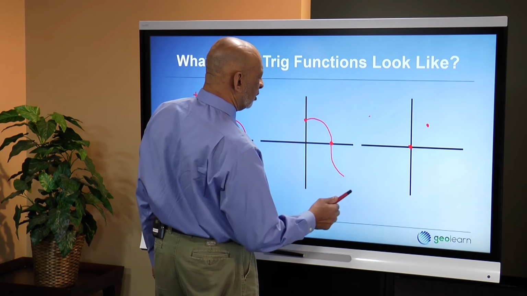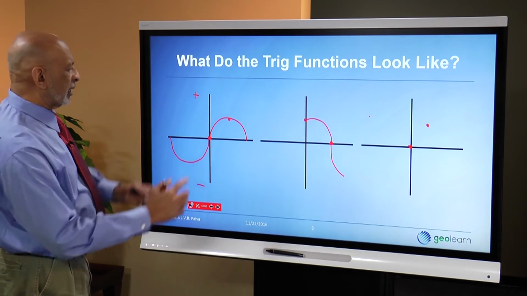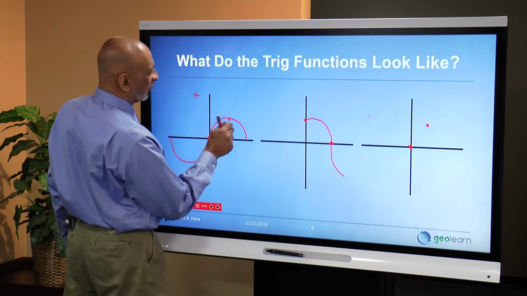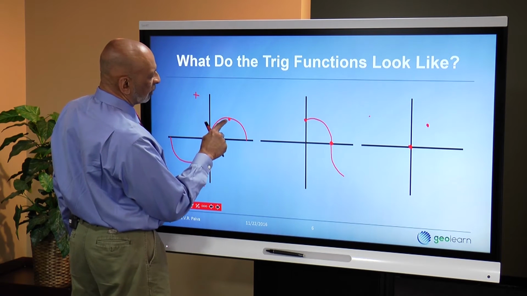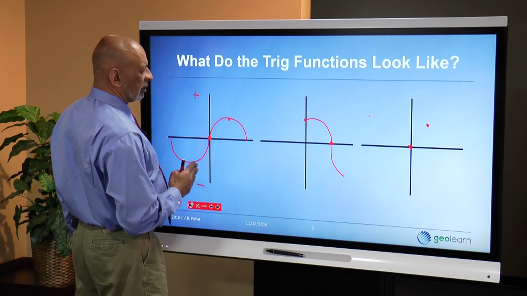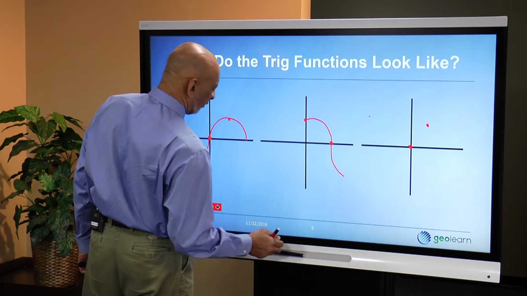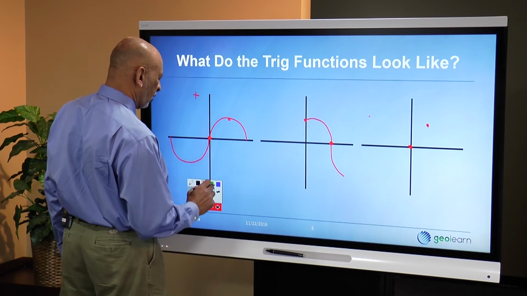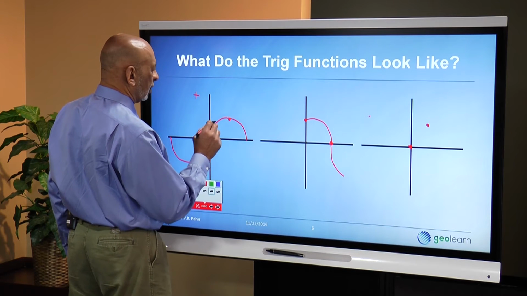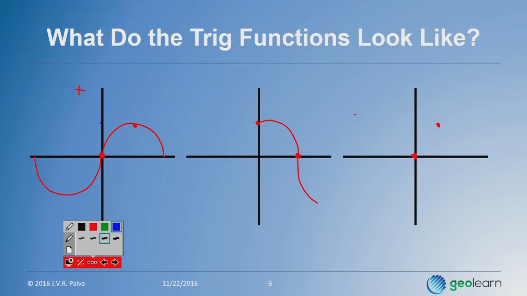The cosine curve, as you can see, is kind of a mirror image, but it's offset. So what we've done is taken the value of the cosine curve and offset it back to the x-axis. That's the only difference. If we superimposed the cosine curve on the sine curve, it would look something like this.